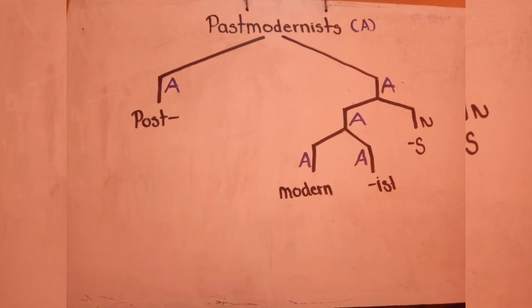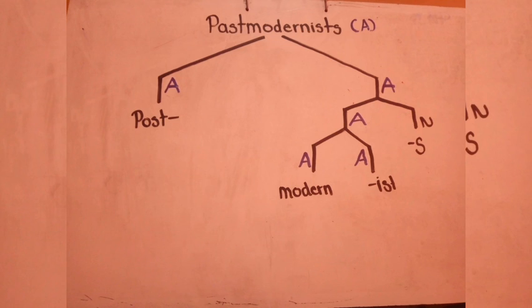In this case we're going to search and find out the free morph. In this case the free morph is modern, okay? And this word has one prefix and two suffixes. It's clear.